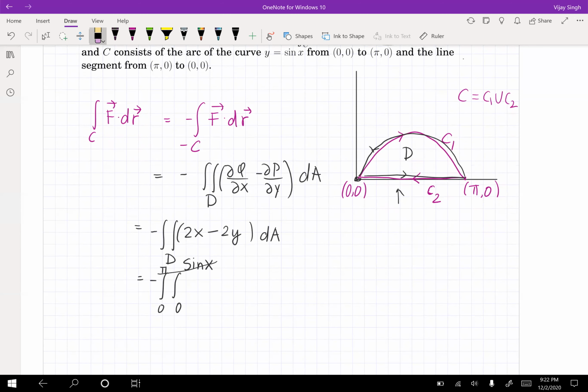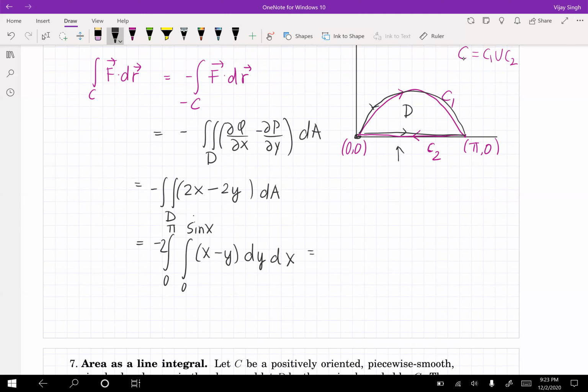Let's write it down so that we have a proper representation of this. x goes from 0 to pi, y goes from 0 to sine x. 2 can be taken outside, x minus y dA. So we are doing y first, and then we are doing x.